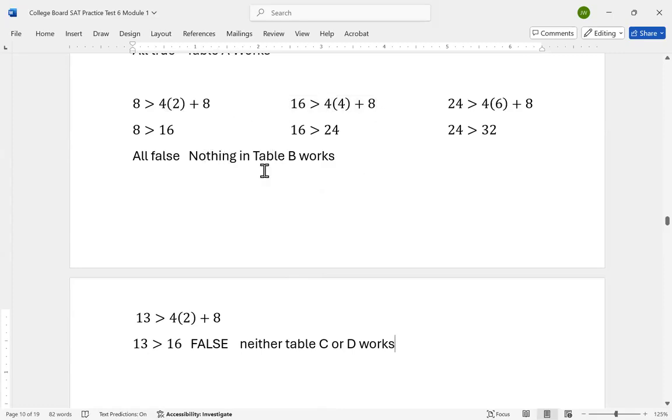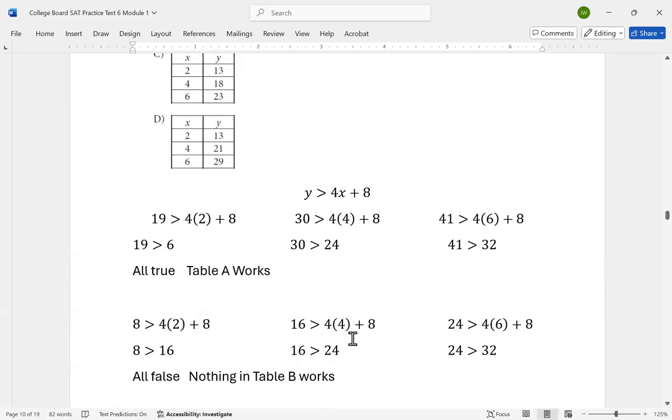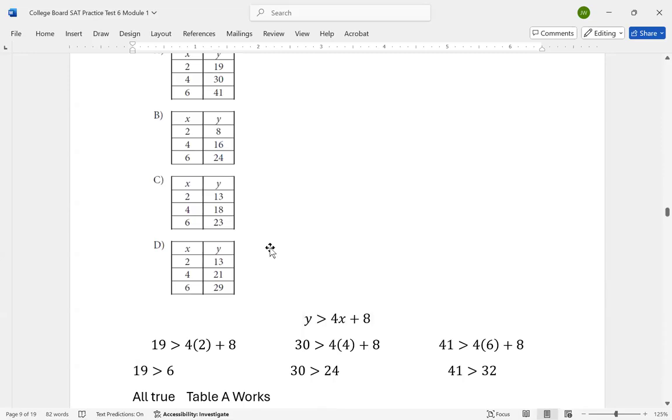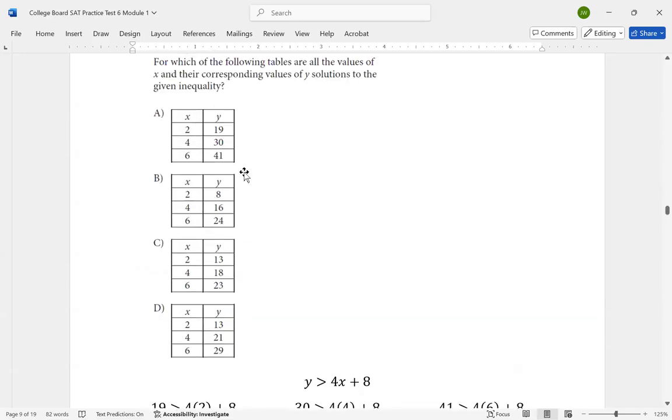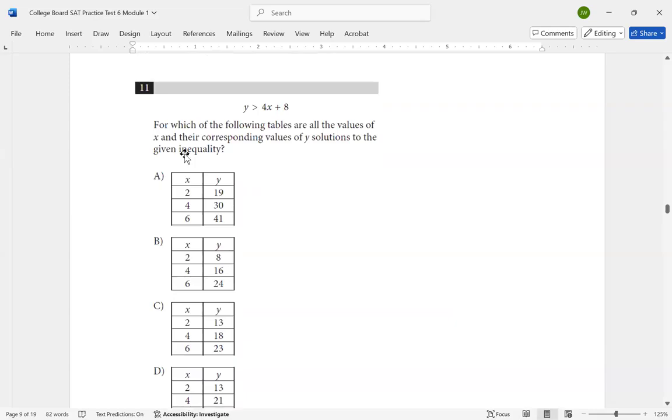I was overly thorough on table B. I'm just checking one of the options on table C and one of the options on table D. Both of those options can be checked at the same time because both of those points are in C and D. The only way a table works is if all of the corresponding pairs work, and A is the only scenario that happens. So the answer to question 11, once again, is table A. A is the answer to 11.